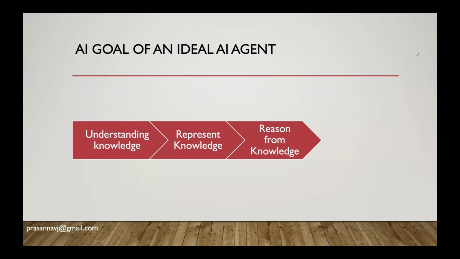Reasoning in the sense, we looked at multiple different approaches by which reasoning can happen. Now, once we reason, it can take action. So that is where our ideal AI agent comes in. Okay. So this is the goal of an ideal AI agent that we wanted to achieve.